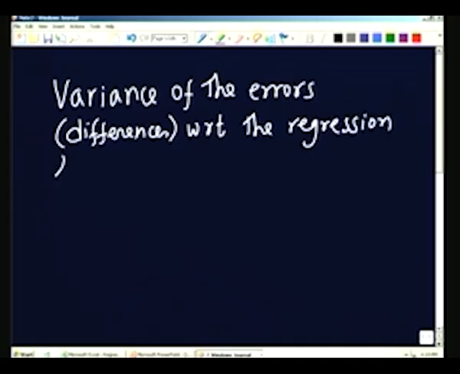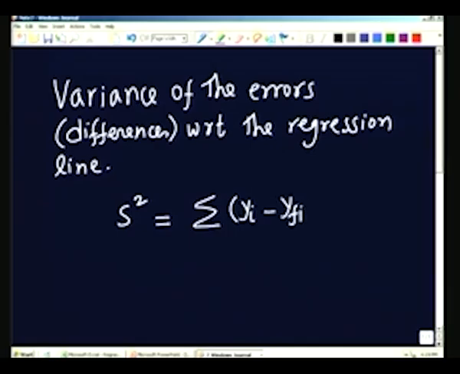It is a very interesting thing to do. Let us call that s squared, the variance of those things. This will be nothing but sigma of y i minus y fit, whole squared, divided by n.